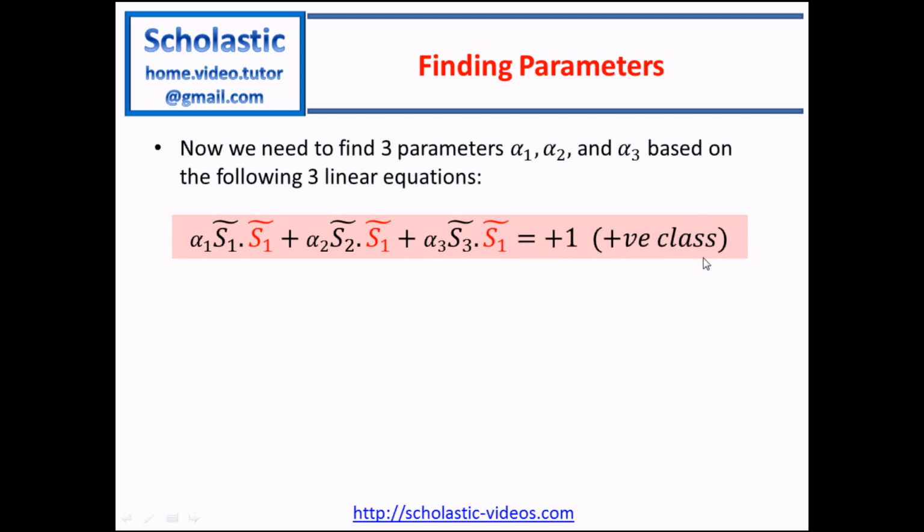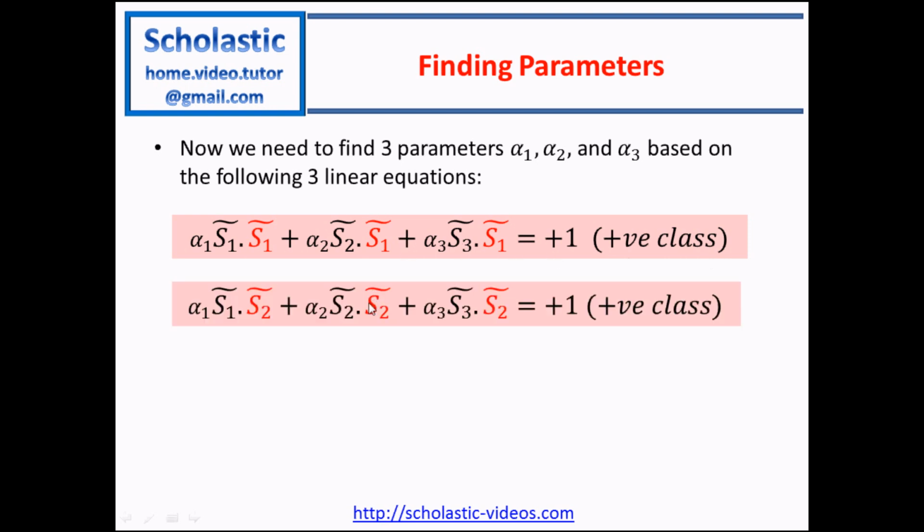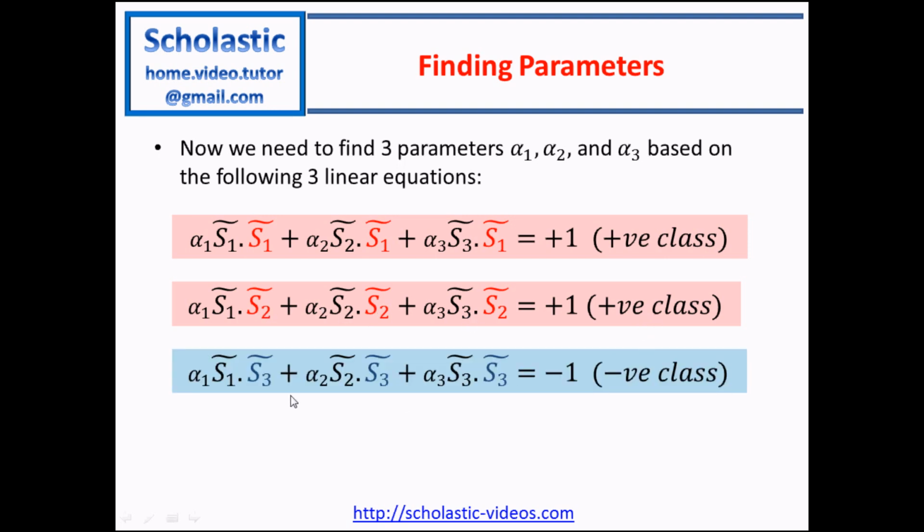This is the positive class. We have three support vectors: this is for S1, this is for S2. This is for the positive class, or the red class. And for the negative class, we have the third support vector, S3.